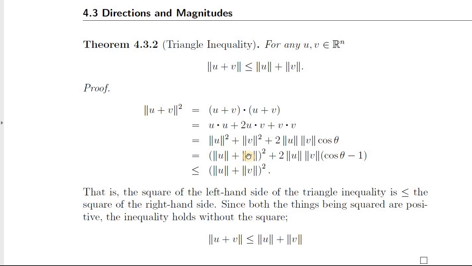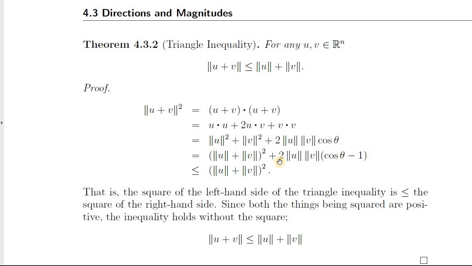So the cross term is 2 times u times v. So these two terms are not equal to this. There's another term, 2 times u times v. So in order to make this an equality, I'll have to subtract out 2 times u times v. And that's where this -1 comes from. But this -1 times 2 times the length of u times the length of v cancels out the extra term I've introduced here by making this a square of the sum of terms.